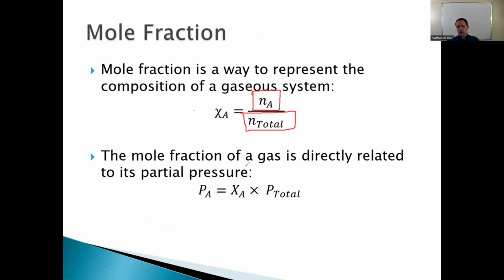And you can get the partial pressure of a gas by taking the mole fraction of that gas times the total pressure. So, if I know that the mole fraction of a gas is 0.3 and I know the total pressure is 2 atmospheres, then the partial pressure of that gas must be 0.6 atmospheres. So this mole fraction formula is going to come in handy soon.